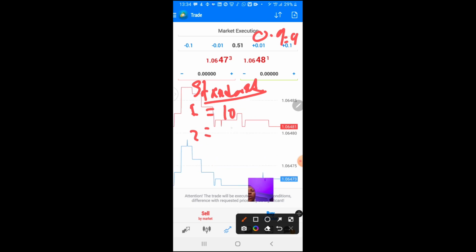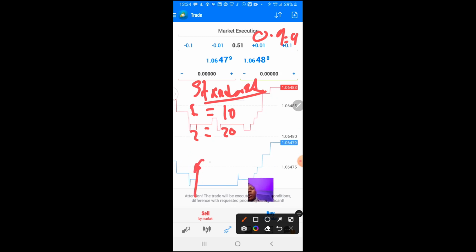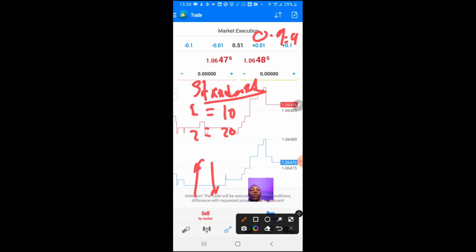So 2 is equal to 20. So instead of us saying that the market went, let me say, 10 pips up or 10 pips down, since the market moves in two directions, either up or down, then we will say that this 10 pips is going to be giving us 10 times 10, which is $100.